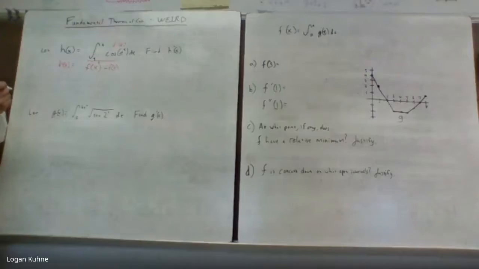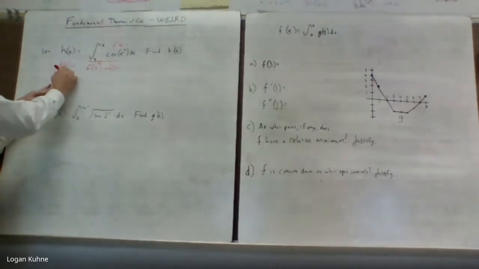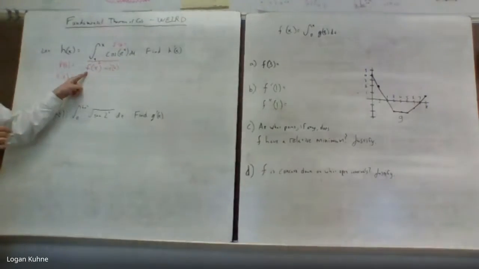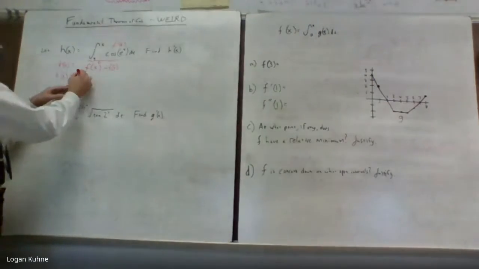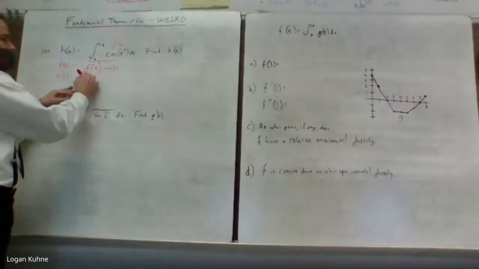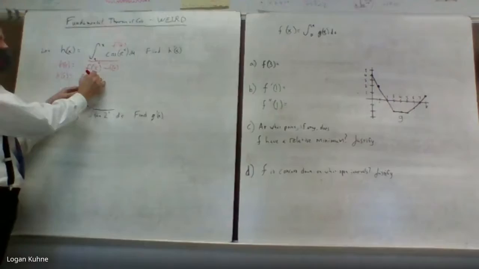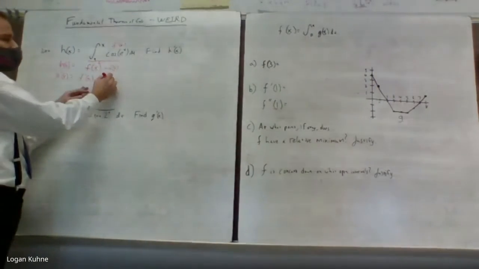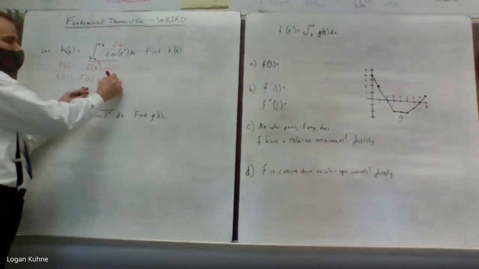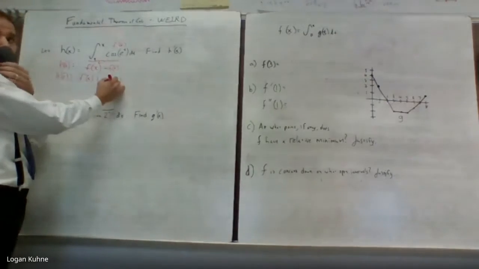Now I have to find h prime. So I'm going to derive this. H prime of x. Okay, what's the derivative of f? Easy question. F prime, yeah, absolutely. F prime of x. Then I got to do the chain rule, right? Derivative of x is just 1, right? And then the derivative of f would be f prime of 4. But then I have to take the derivative of what's on the inside.